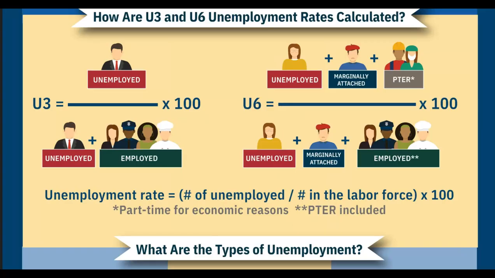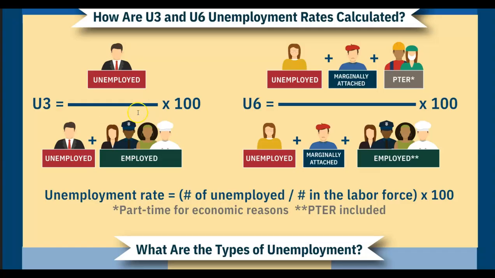And because the labor market is so complex, economists look at different data points. Usually, if you're watching the news or hearing about the unemployment rate, usually they're using what's called the U3 rate. So the U3 rate only counts people who are actively looking for work.